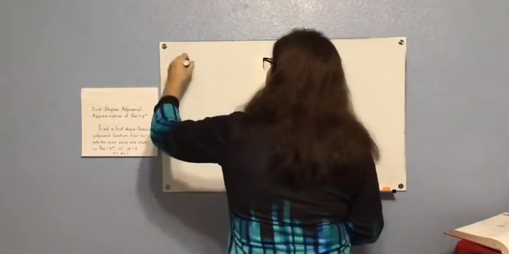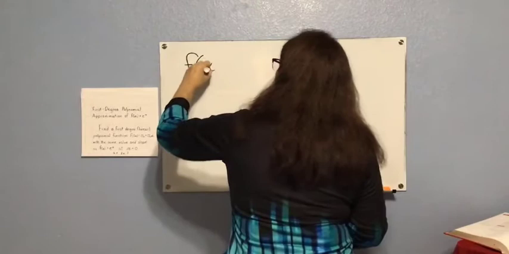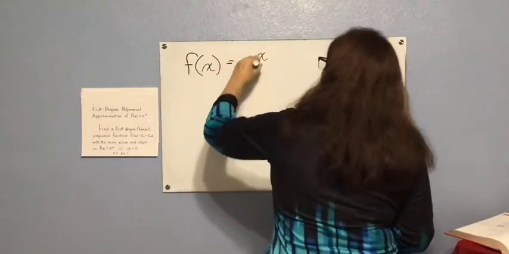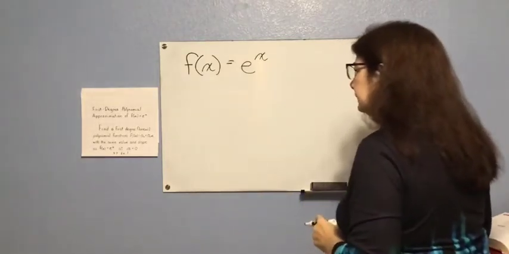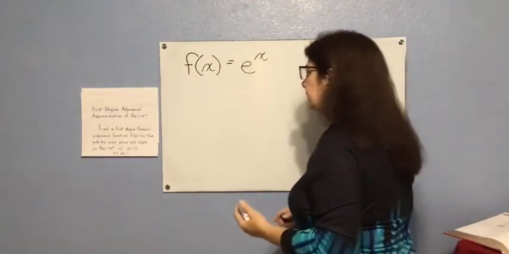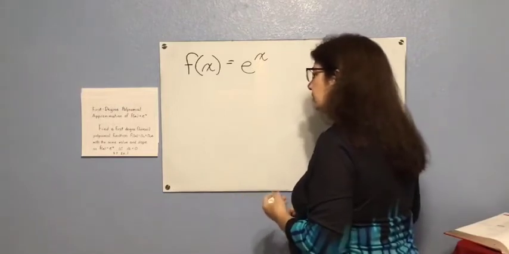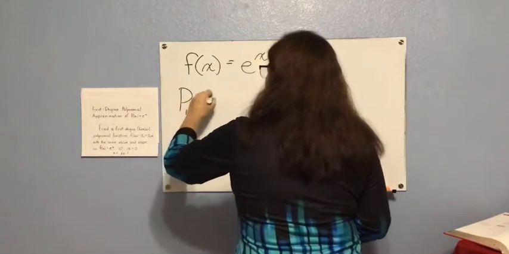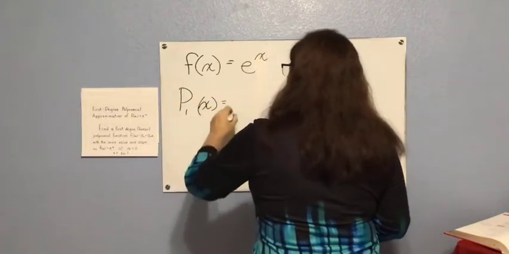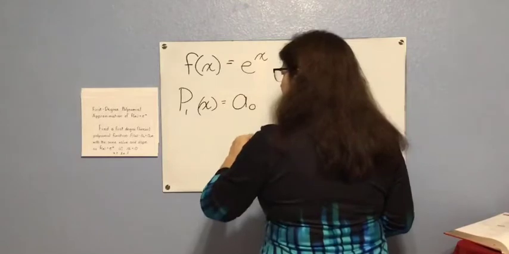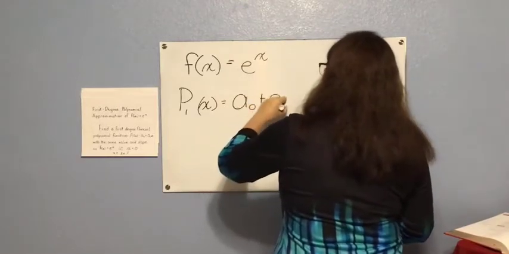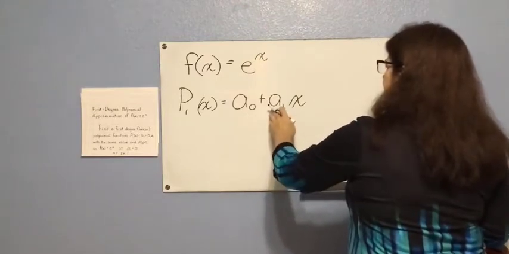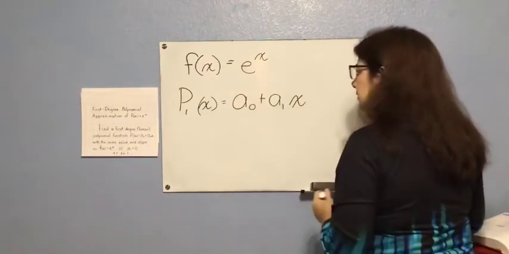I'm going to start with the function f of x equals e to the x power. So I want to find a first degree or a linear polynomial function, which I'm going to call p1 of x, and it's going to equal a sub 0 plus a sub 1 x. This is just a linear function, mx plus b is how we usually write it.